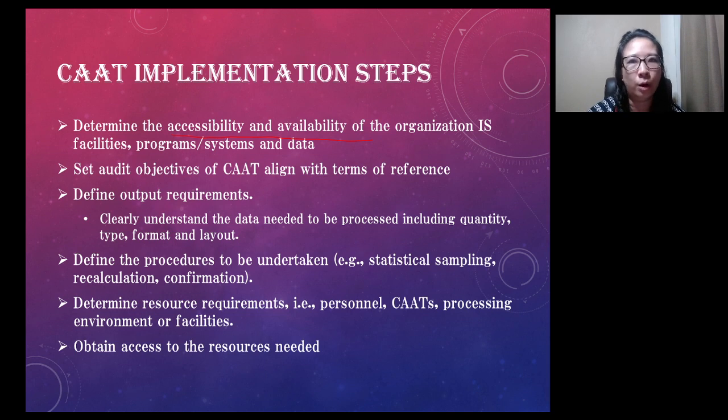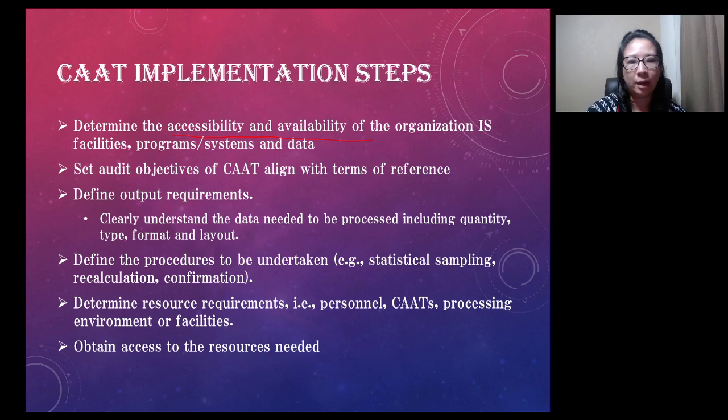So whether we want to use it for recalculation, or as a snapshot, or as an integrated ITF, or maybe we need help in the testing tools. So we need to define our objective for our CAAT tools, and then we need to define our output requirement.